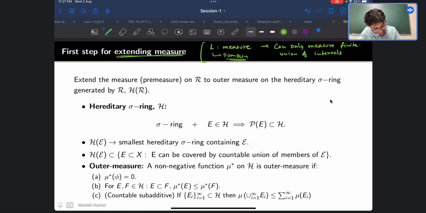So our goal is to get some other L bar, whose domain is D, from D to [0, infinity), which is a measure, and this D contains the unions of intervals. So this union is contained in D. This is the main reason why we want to extend this measure, and this is what we mean by extending the measure.